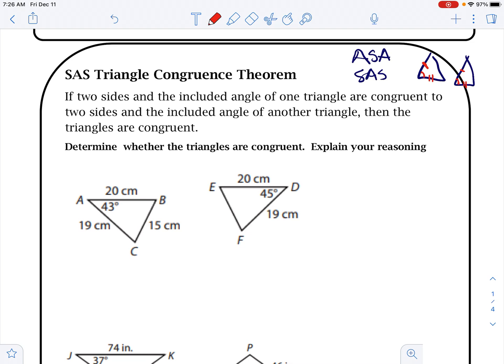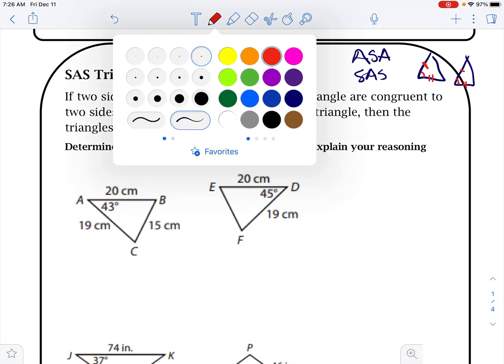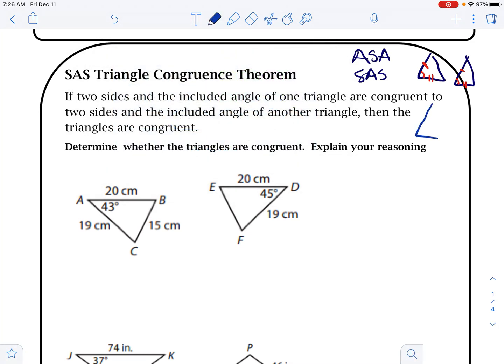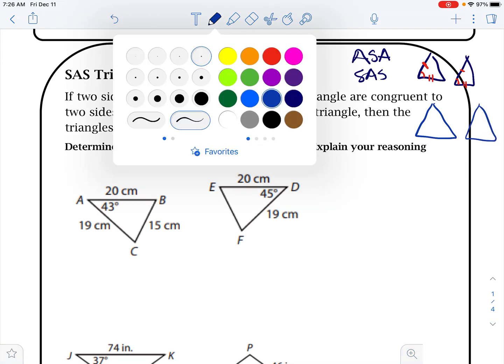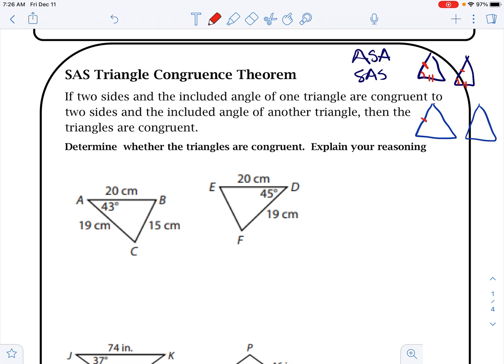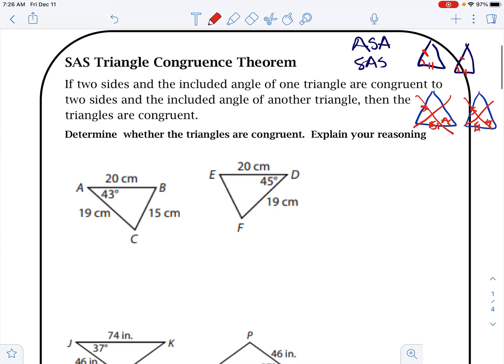If it doesn't follow that format, it doesn't work. If we went this side, this angle, this side, and this angle, it wouldn't work. Side, side, angle is not side, angle, side, so that does not work. It has to be the two sides and what we call the included angle, the angle that's between them.